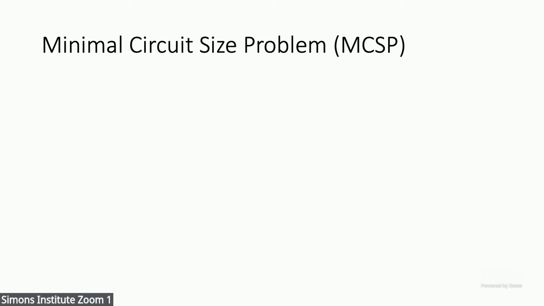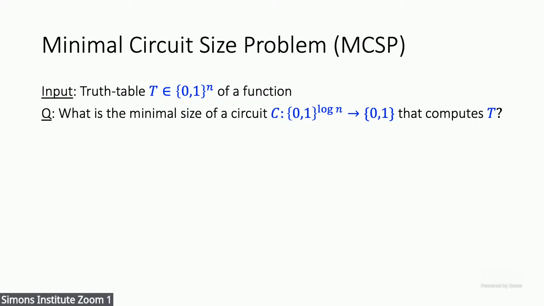The minimal circuit size problem is the following problem. We get as input a string of length n, and we think about the string as a truth table of a function from log n bits to 1 bit. And the question is, what is the minimal size of a circuit C from log n bits to 1 bit that computes the function described by this truth table T?